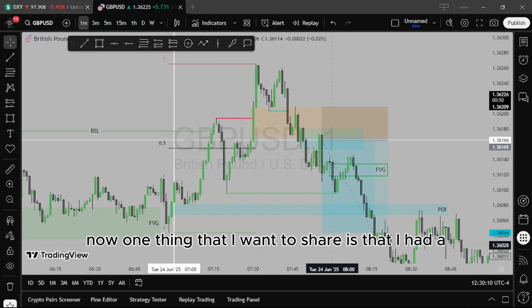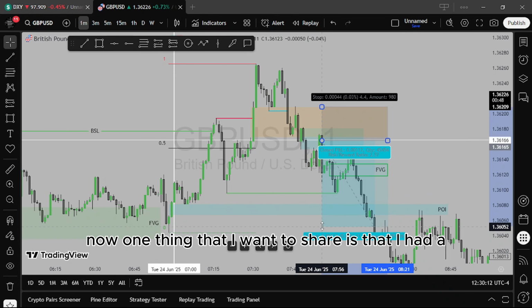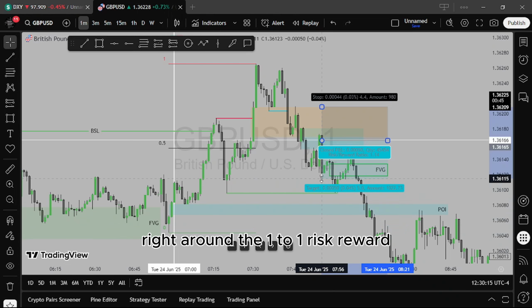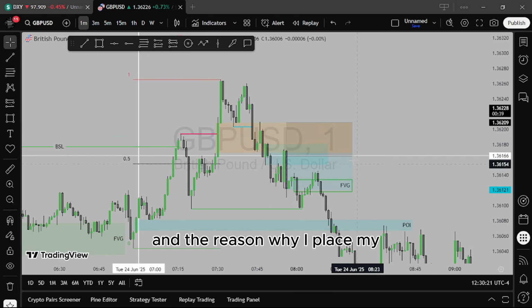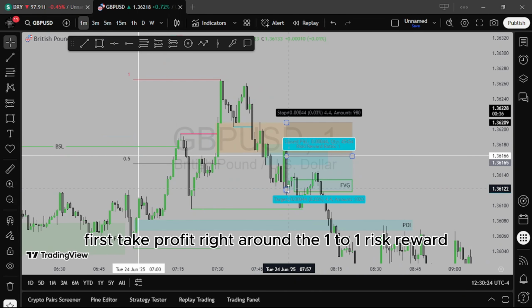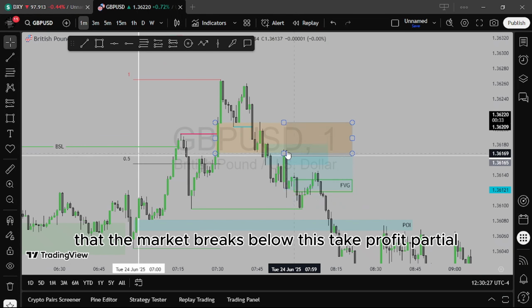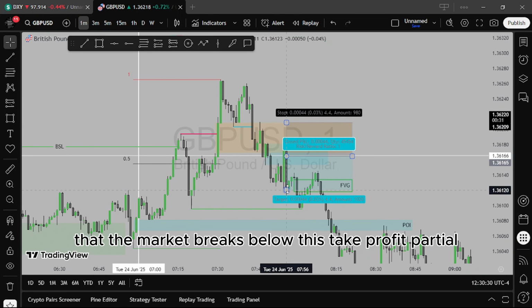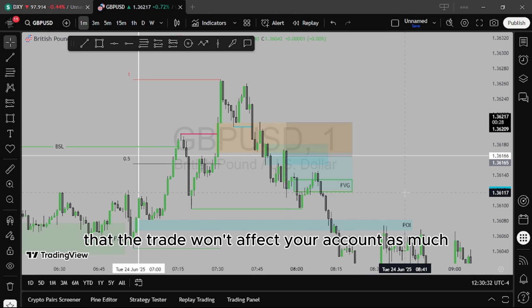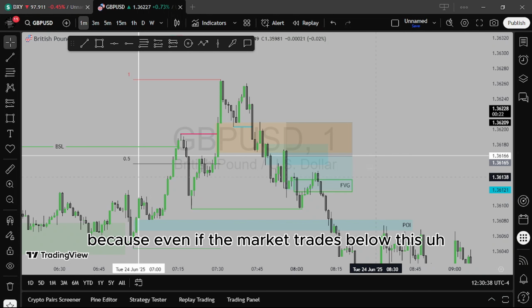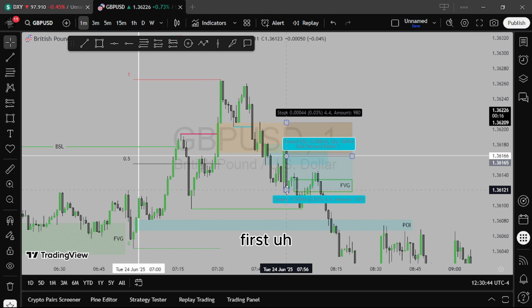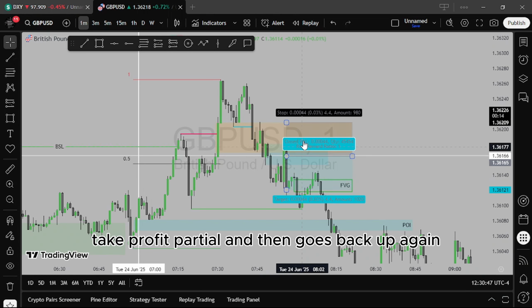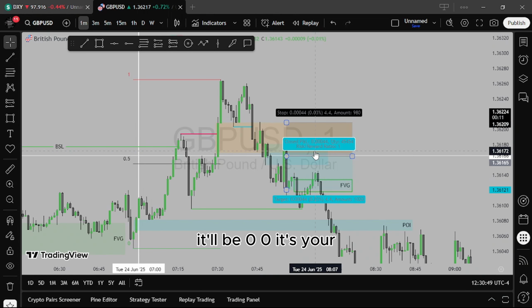One thing I want to share is that I had a partial take profit right around the 1-to-1 risk reward. The reason I place my first take profit there is that the moment the market breaks below this partial, the trade won't affect your account as much, because even if the market trades below this first partial and then goes back up again, it'll be 0-0.